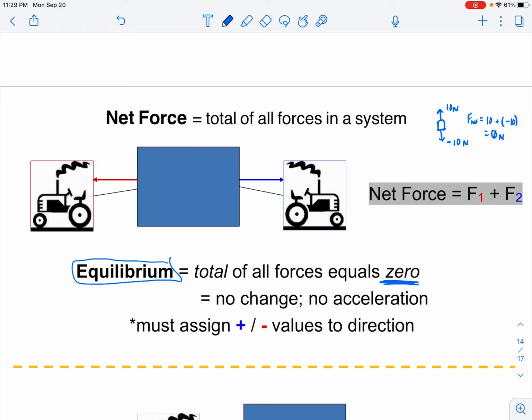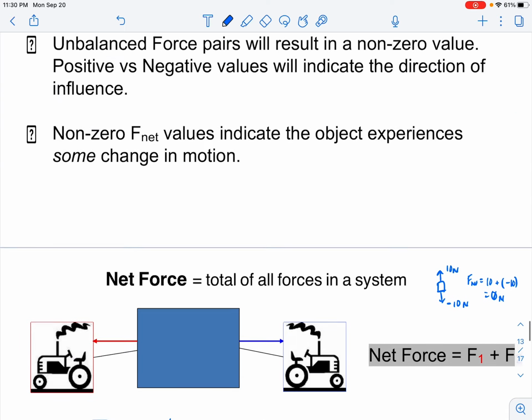If we have equilibrium, we have balanced forces, we have no acceleration, so the object has a net force of 0, and it does not change its motion, okay? So all forces add up to 0, and that means there is no acceleration. Remember, in order for this net force equation to work, we have to assign positive and negative values.